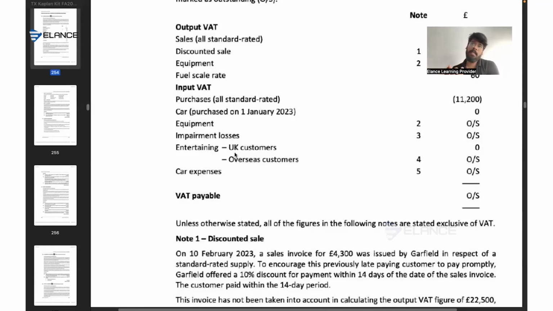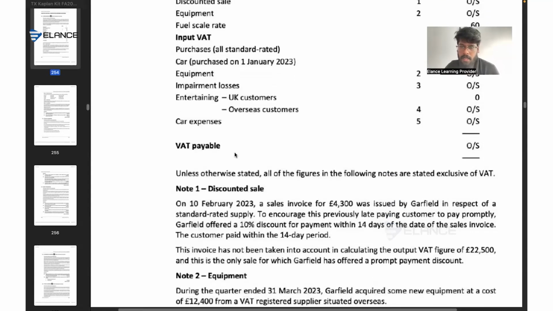If I'm spending any amount entertaining my overseas customers, any VAT incurred at the time of entertaining the overseas customers is deductible. So the entertainment of overseas customers is deductible, and the VAT element on entertainment of UK customers is non-deductible.